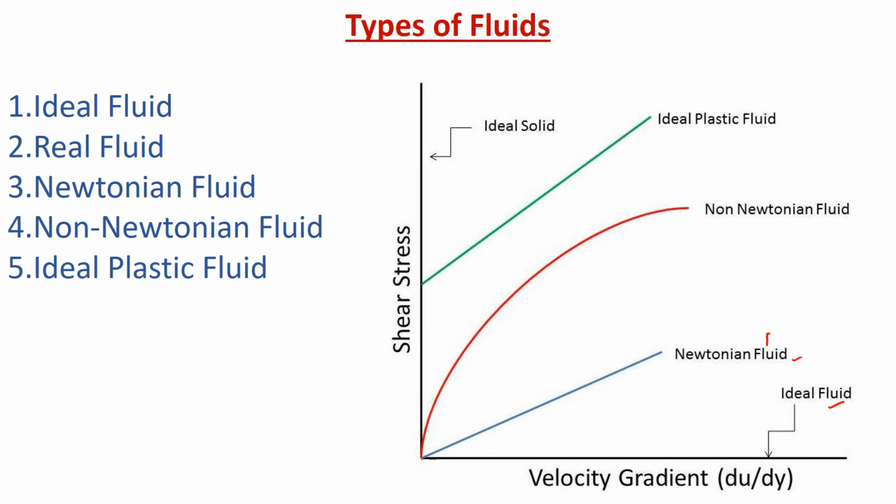Next is non-Newtonian fluids, in which the shear stress is not proportional to the velocity gradient. Next is the ideal plastic fluid, in which some stresses are initially already present, and the last is the ideal solid, in which there is no velocity gradient or shear strain.